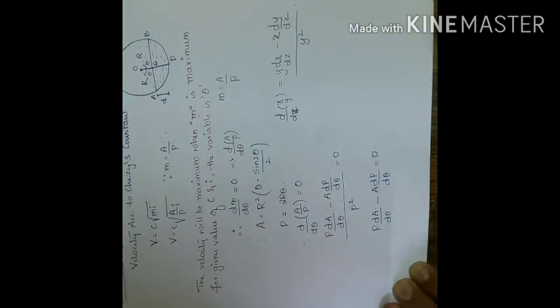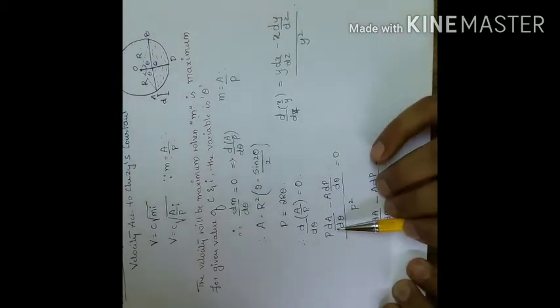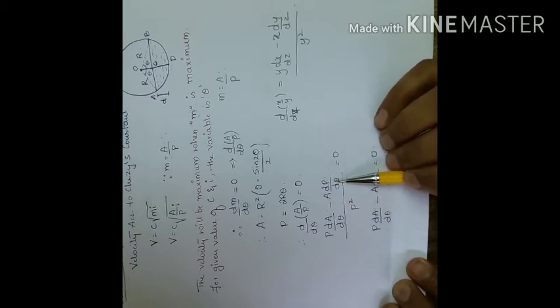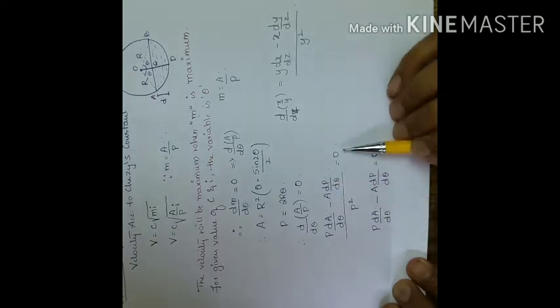This is the formula to differentiate a upon b or any x by y function. So I have made P into dA by d theta minus A into dP by d theta, whole divided by P square, equal to 0.